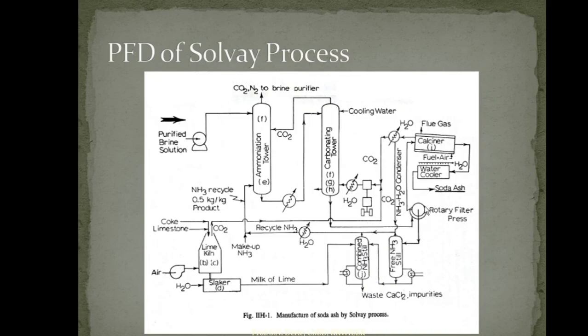It is fed to this rotary filter for separating sodium bicarbonate to the calciner, where we get soda ash as a product, and ammonium chloride is then fed to these ammonia stills, where free ammonia is recycled back again, and the combined ammonia, that is in the form of ammonium chloride, is reacted with milk of lime. This milk of lime is produced from the lime kiln and the slacker, and hence we have the waste product, that is CaCl2. Now we'll discuss in detail in the subsequent slides.